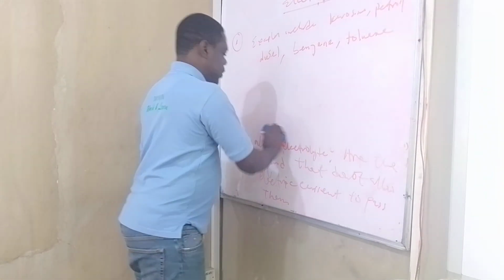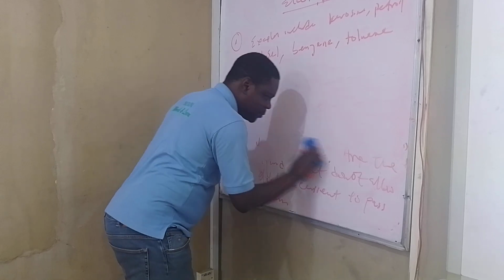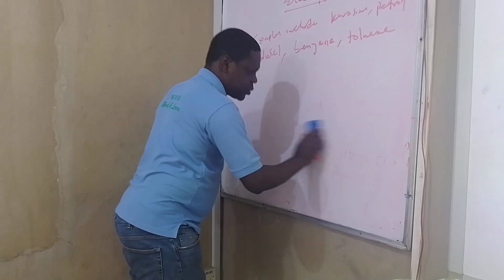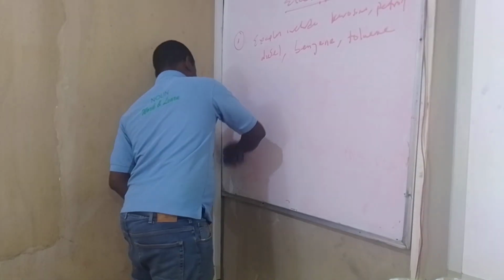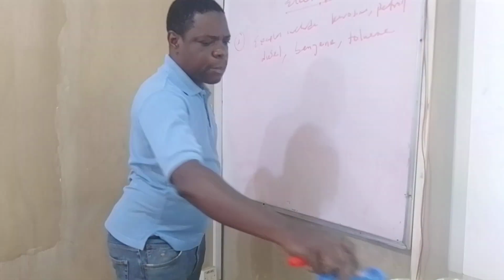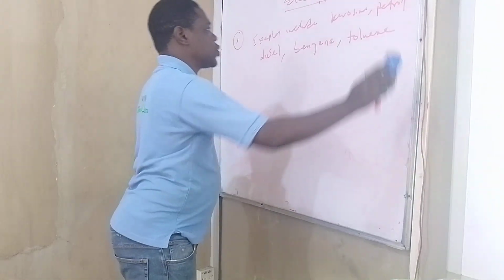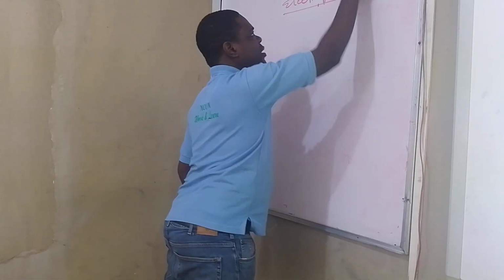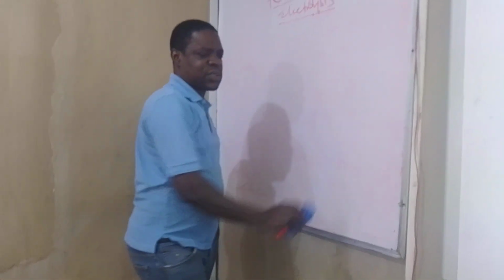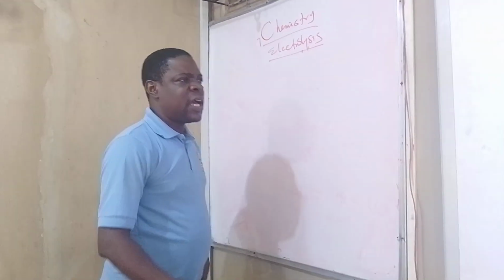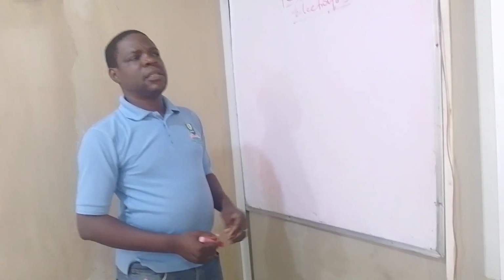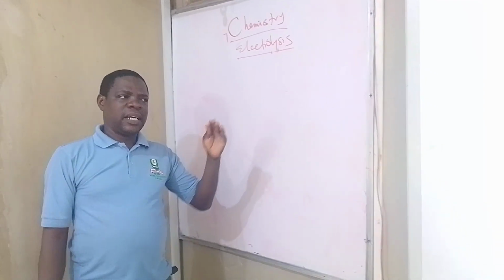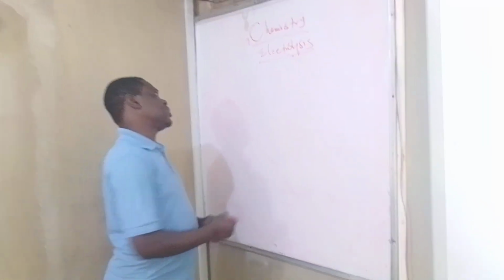Okay, now I want to look at another one. We're going to look at electrodes. When we talk about electrodes, these are electrical conductors in the form of wires, plates or rods that allow electricity to pass in and out of an electrolyte.